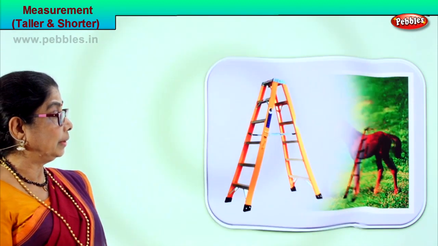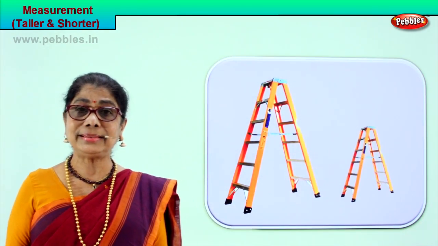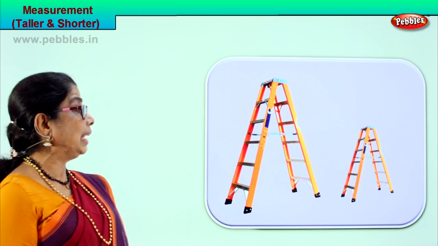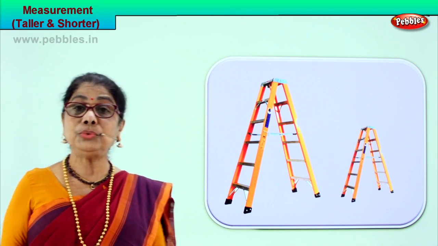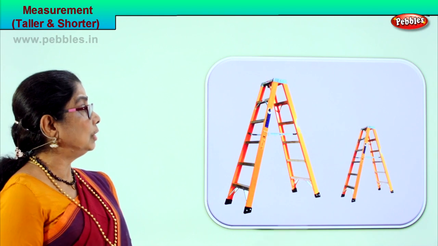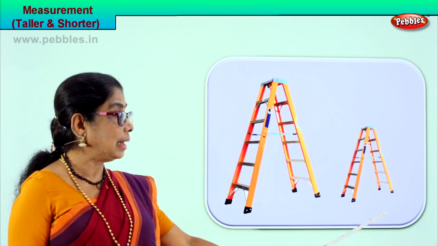Look what we have here. We have two ladders here. Who uses ladders? Yes, those who climb on the trees, on the electric pole, they use ladders, or to climb onto the roof of the house. This ladder is taller than this ladder.